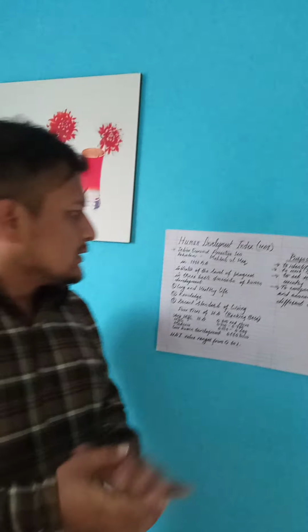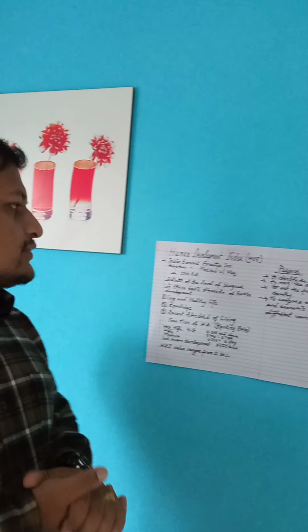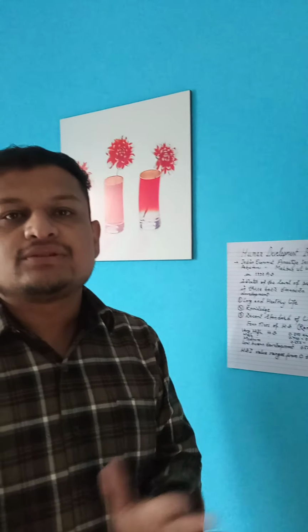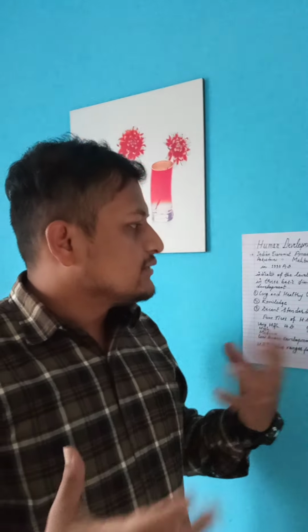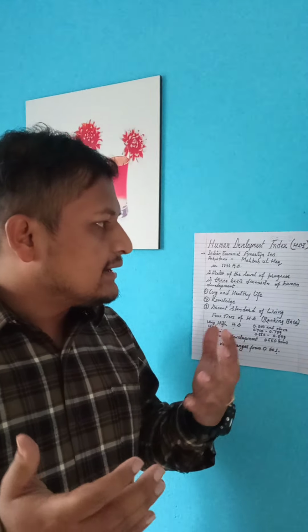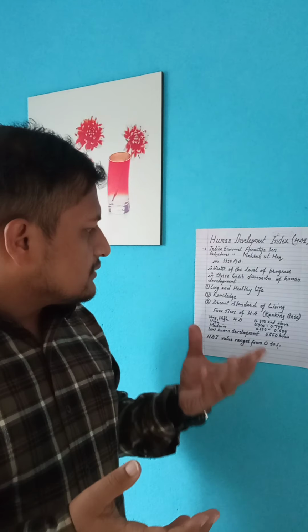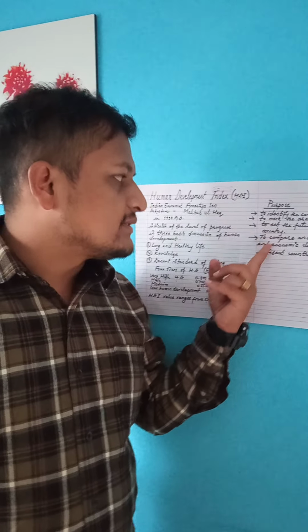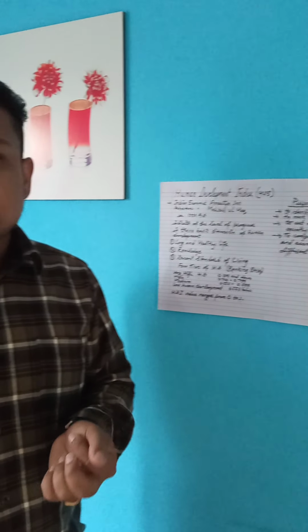So we discussed the basic things about the human development index. Now we come to the purpose. Everything has a purpose. Unless it has a purpose, it's not going to be useful, or we're not going to find it fruitful. So where and why is the human development index used? I have listed some of the purposes of calculating HDI.